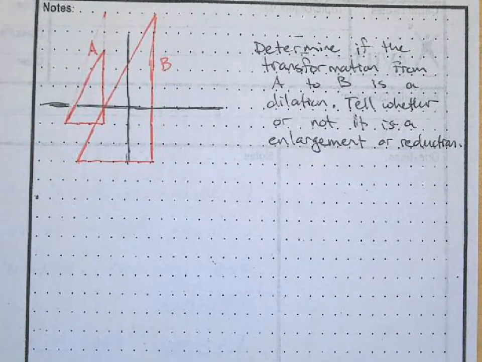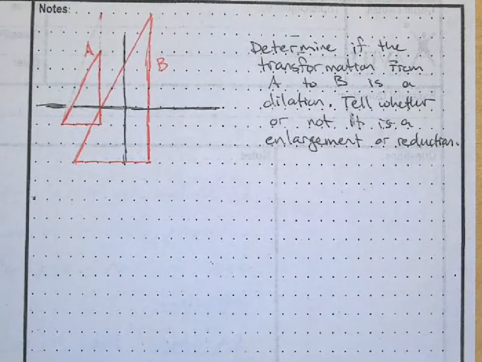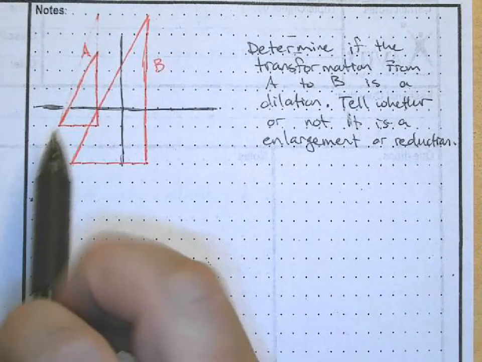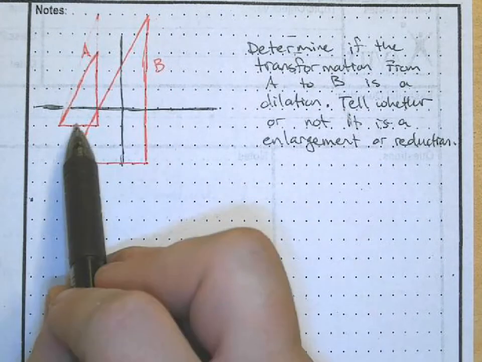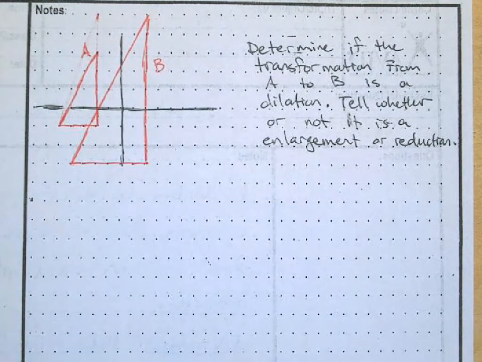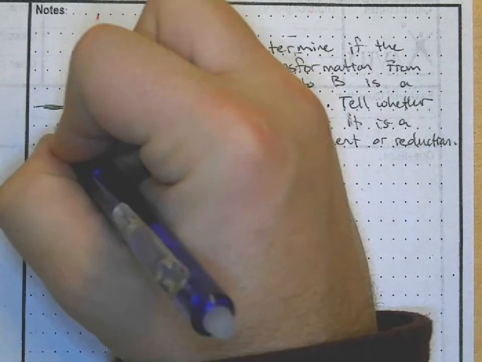So the way we determine if it's a dilation or not is we have to check to see if our side lengths are proportional. So I'm going to assign some corners to this.